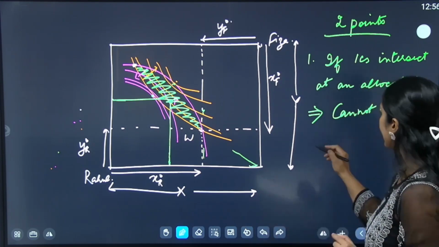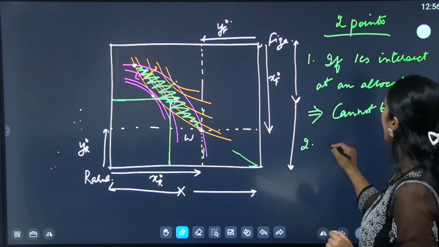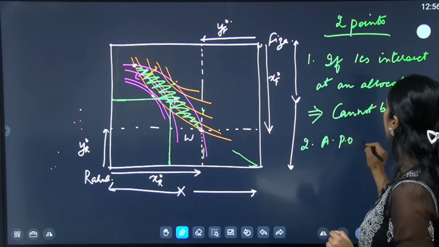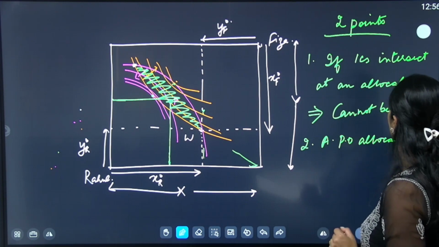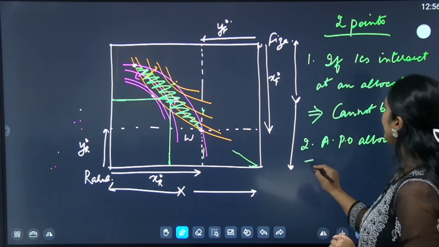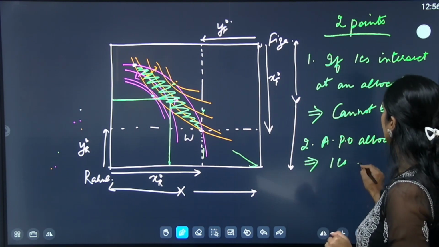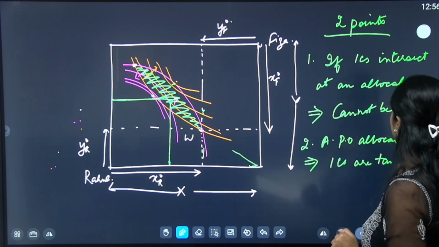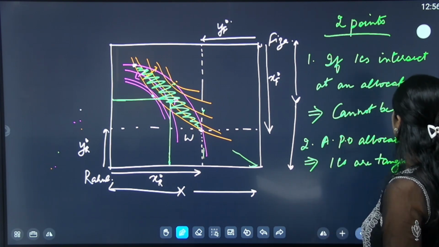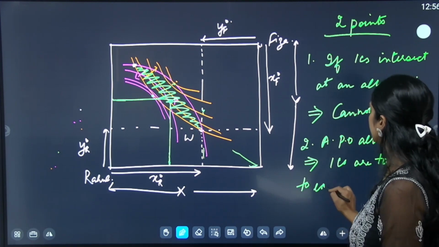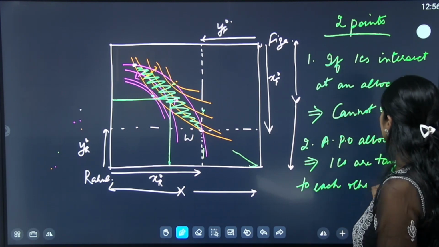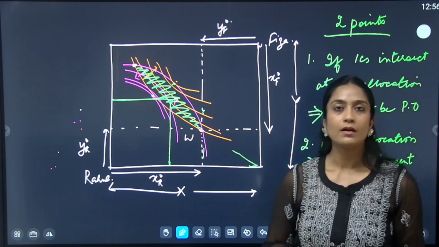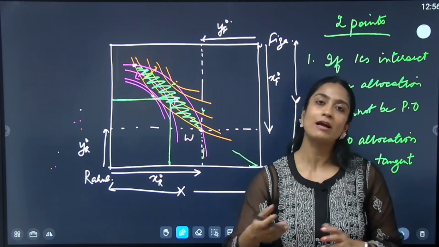Okay, so the second point, then, means that a Pareto optimal allocation will mean that ICs are tangent. Unless ICs are tangent, you cannot have a Pareto optimal point.